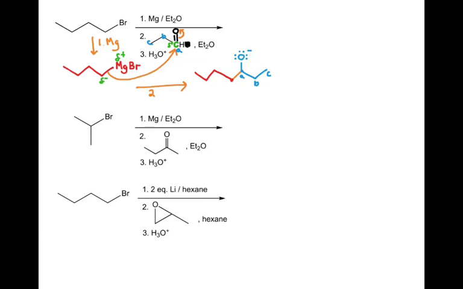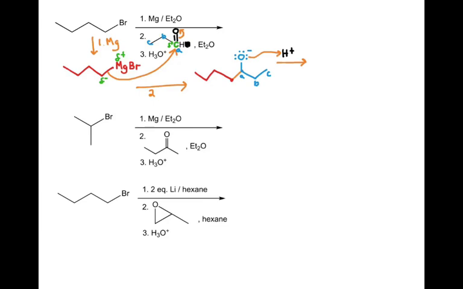So we now get to our third step, and in our third step we are adding H3O+, and I'm just going to write that as H+, so I have to draw less arrows. And simply what we're going to do is we're simply going to protonate that O-, our alkoxide group, and that's going to give us our final product.